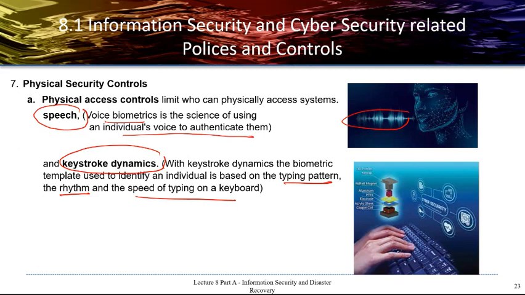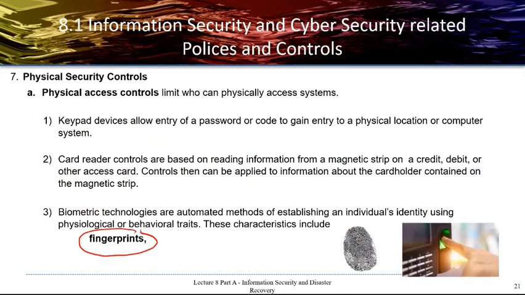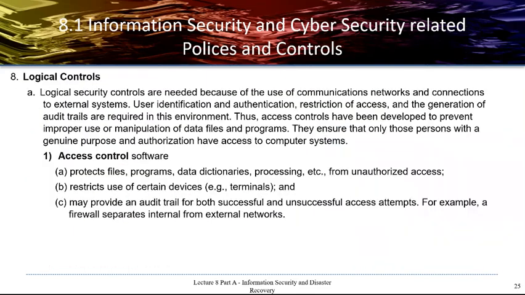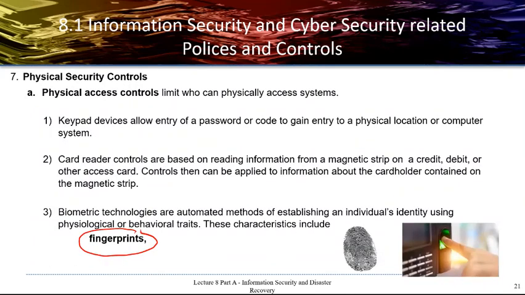So these biometric methods are physical security, basically physical access control security. We will be doing it in 3 ways. Keypad devices allow you to enter the passcode. That's one method. You can enter the password or the code and get access to the location.